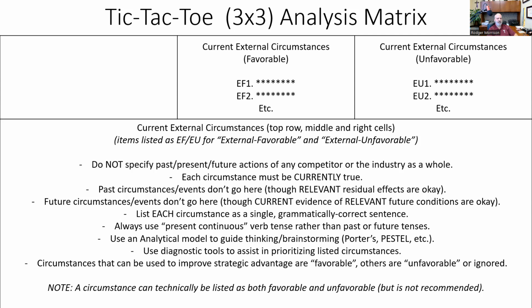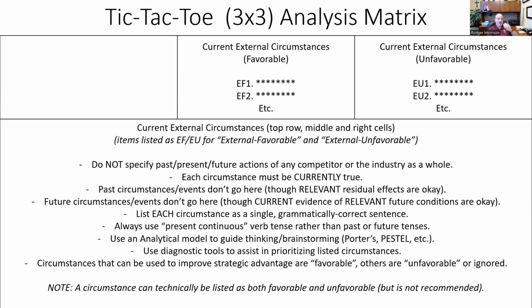Be very careful that you don't use this as a place to list ongoing actions. Remember, things here have to apply to the industry as a whole or to nearly all of those you compete against. That's what goes here, not just 1 or 2 of them.